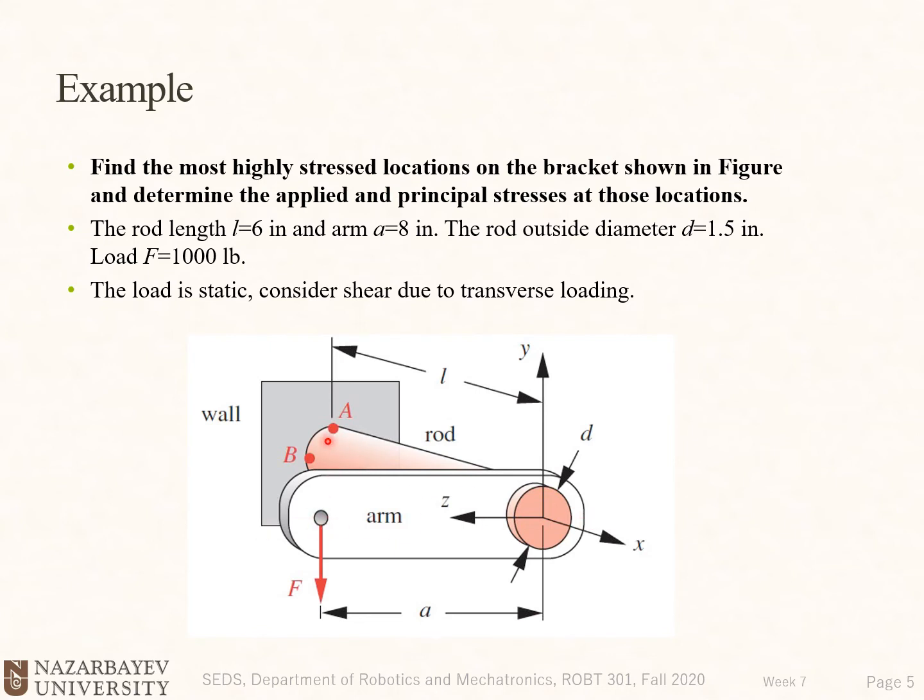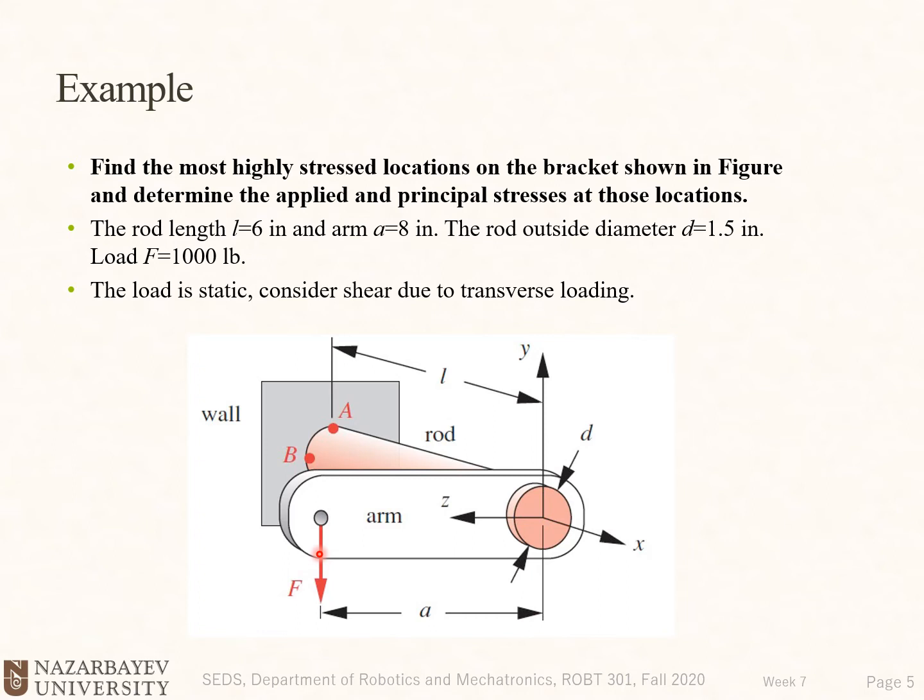So we have this bracket, and this bracket is a rigid bracket welded or fixed to a wall. The force here is applied on the arm of the bracket. But we want to see if this bracket could hold the load and survive under the specific load or not.